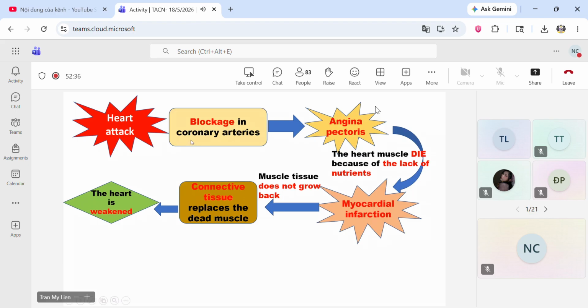And the graph shows how angina pectoris or chest pain occurs when blood flow leading to the heart is reduced. A blockage in the coronary arteries causes angina pectoris or chest pain.